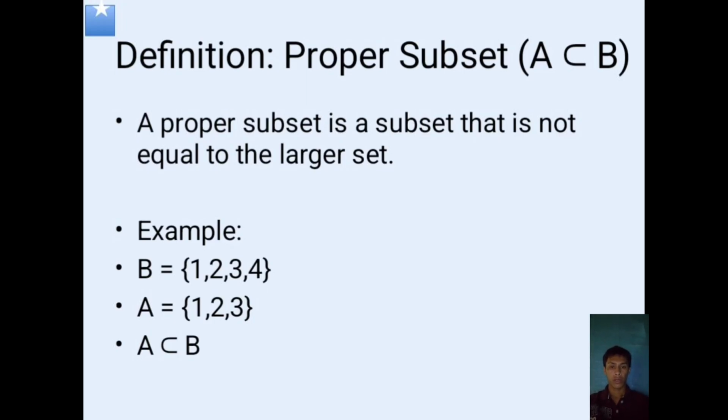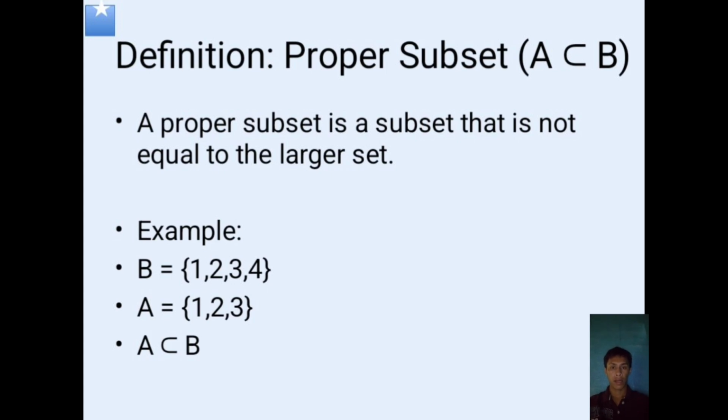For example, we say that A is a proper subset of B. By definition, we can conclude that B has a much bigger size of elements than A. In our definition, it is a proper subset as long as one set is larger than the other.